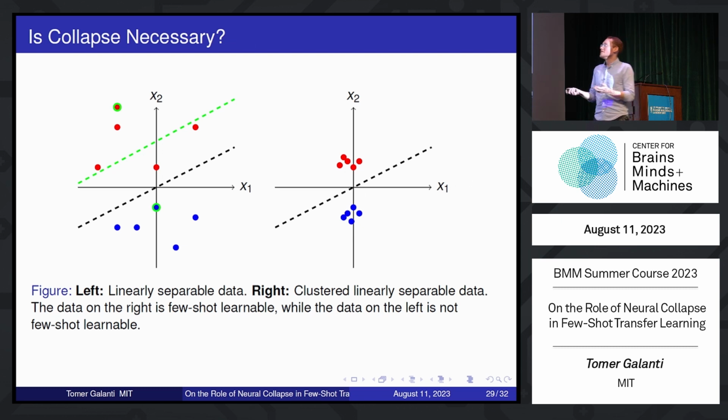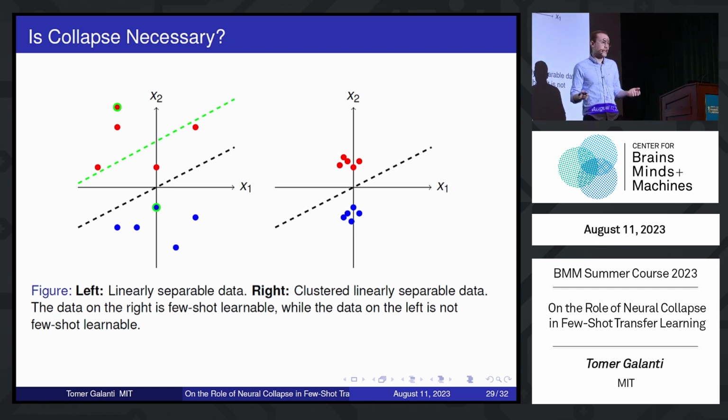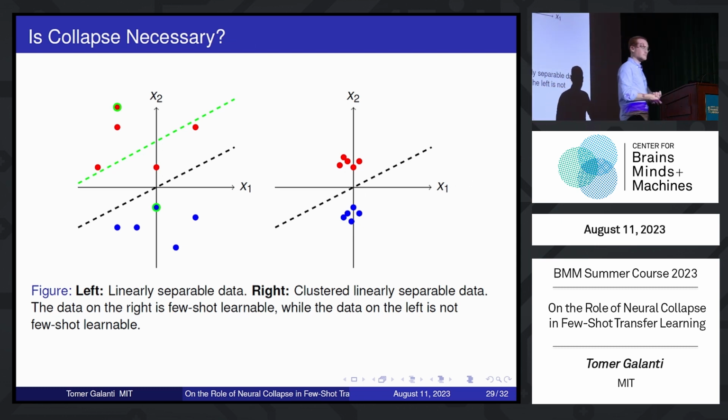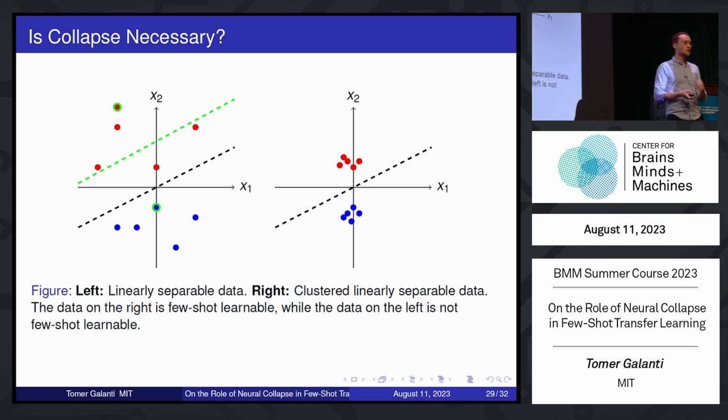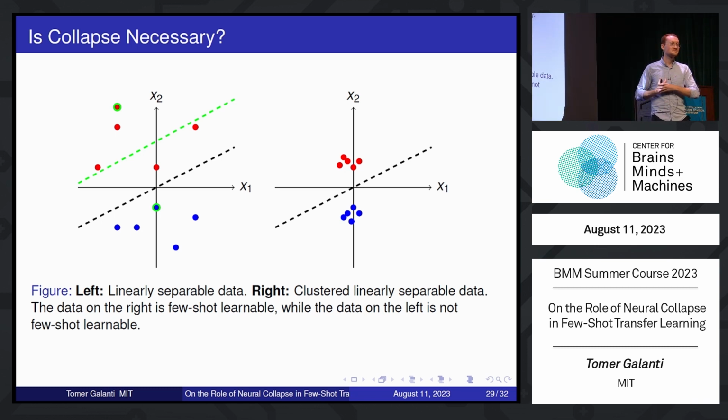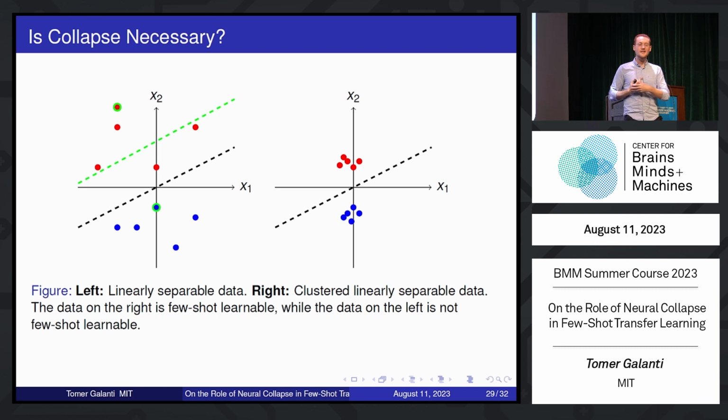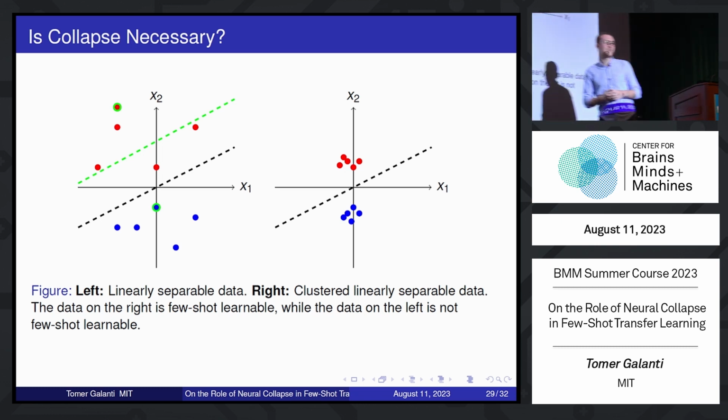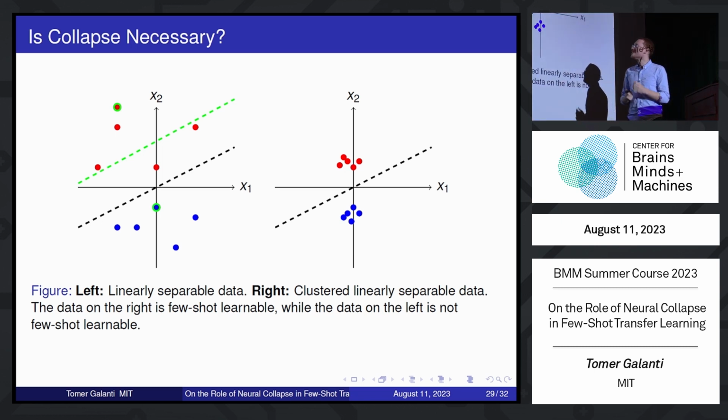So now the question is, is collapse even necessary? Do you have any ideas? Okay, so I'll try to say what I think, and hopefully we can have a discussion about it.